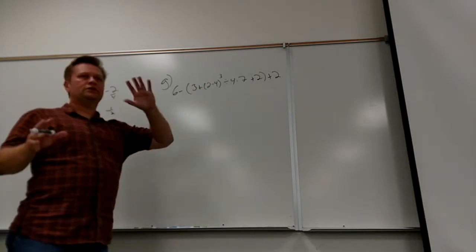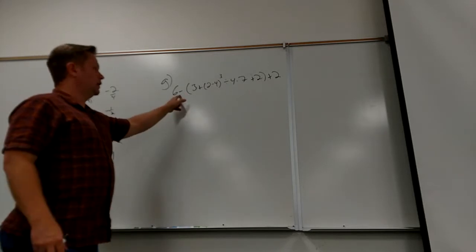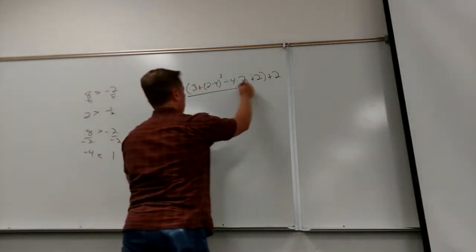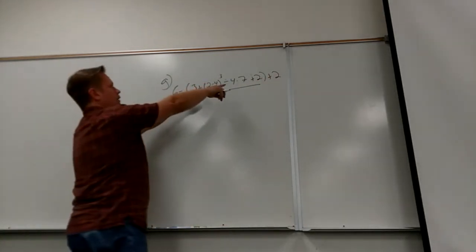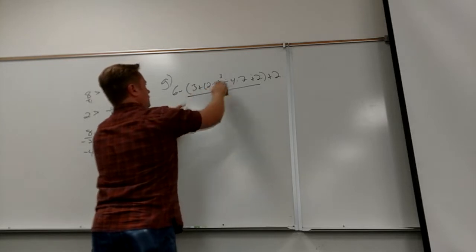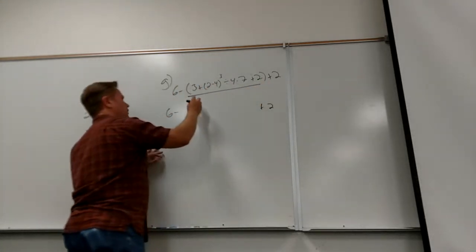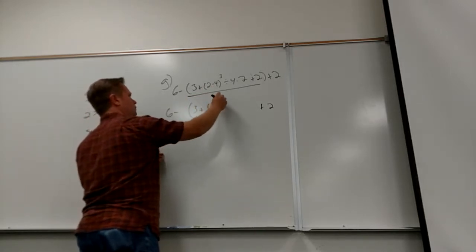What are the last 2 things I'm going to worry about? The 6 minus, and the plus 2, because it's all 6 minus something. I better figure out what that something is. Now inside there, what do I do first? So this is going to come for the ride. That's going to come for the ride. Inside here, I get 3 plus negative 2.